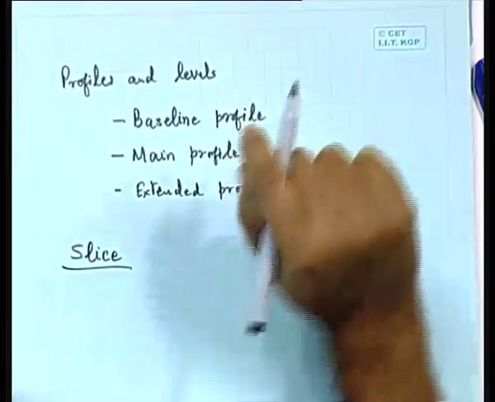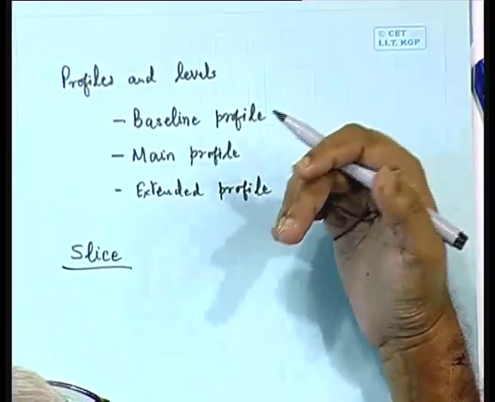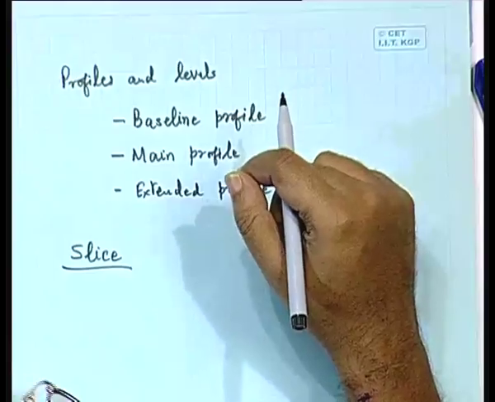I made a very brief mention of the concept of a slice in one of my earlier lectures, and there I had said that a slice is nothing but a group of macro blocks.